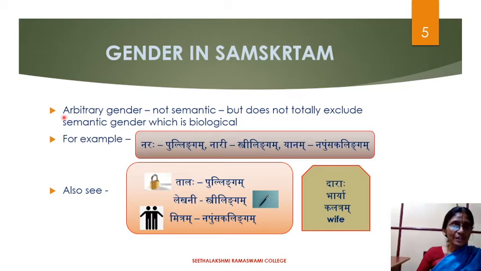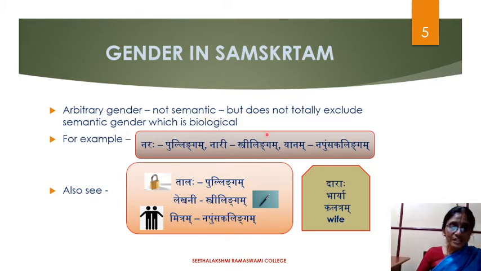We have already seen that gender assigned in Samskritam is arbitrary. There is no correspondence between the gender assigned and the biological sex. So it is not semantic. But at the same time, it does not totally exclude semantic gender.